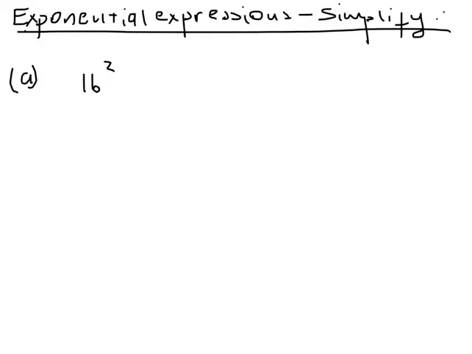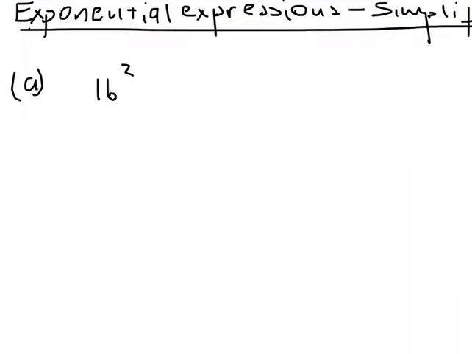I think what I will need to do is just to zoom in, so that I can maximize on the available space. Okay, example A, let's say we have 16 squared, where we multiply.